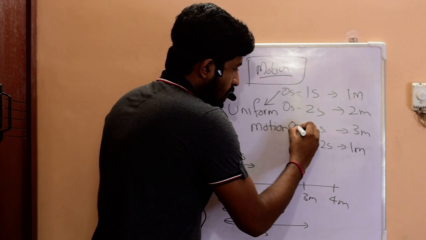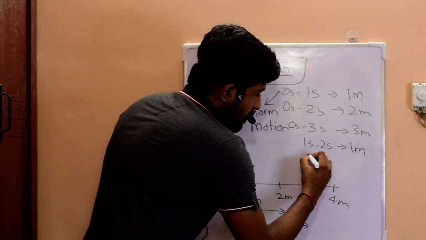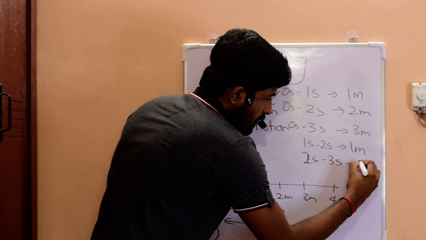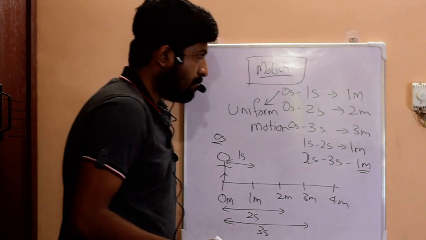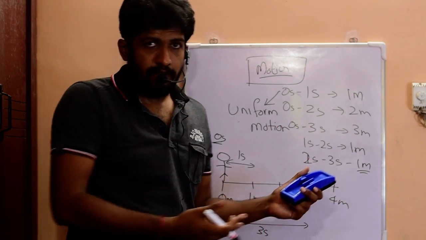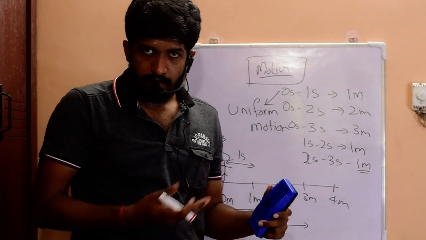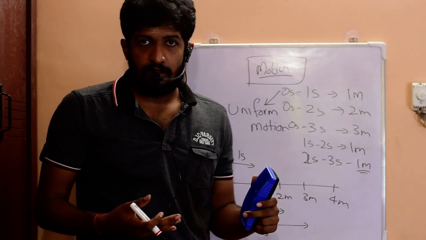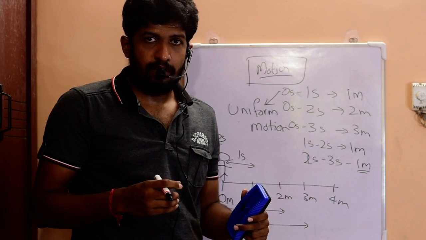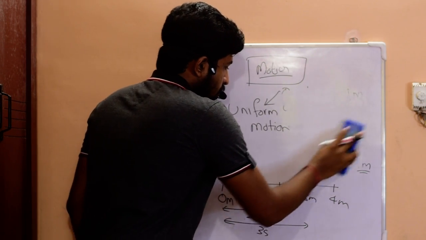And from 0 second to 3 second he travelled 3 meter, which means from 2 seconds to 3 seconds he travelled the same 1 meter. So for each 1 second gap, the increase in the distance is 1 meter. So the distance travelled is increasing at a rate of 1 meter for 1 second.